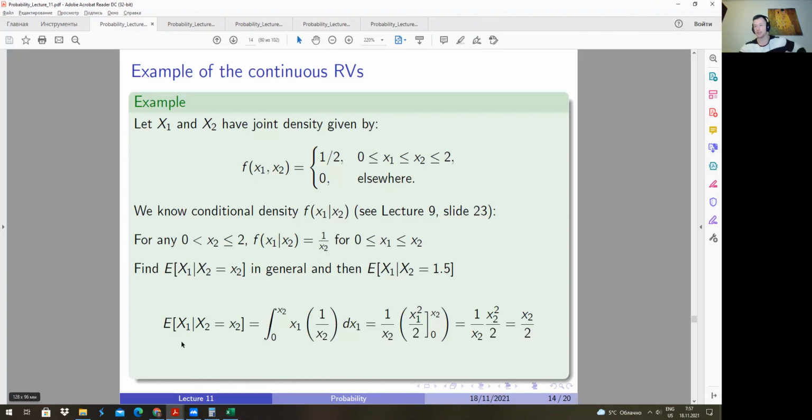So this is the conditional expectation of x1 given the value of x2. So give me x2 and I will tell you that the expected volume of sales is just a half of my initial supply at the soft drink machine here. And for example, if I have x2 equals 1.5, the expectation is 3 over 4. 1.5 divided by 2.